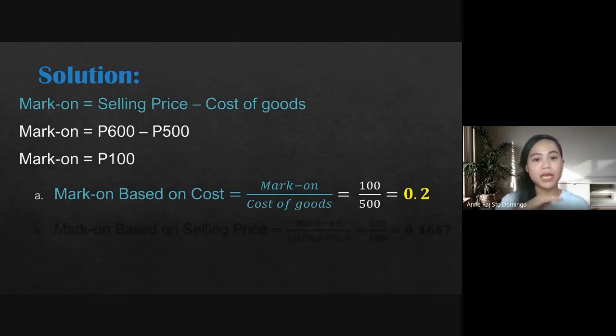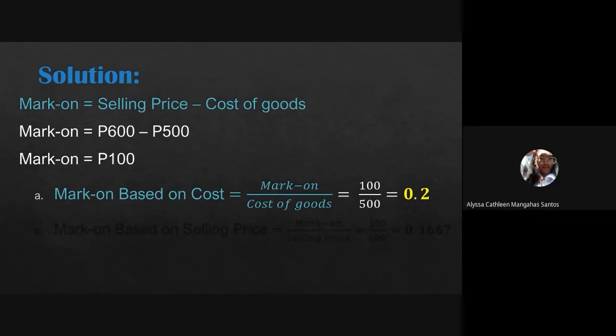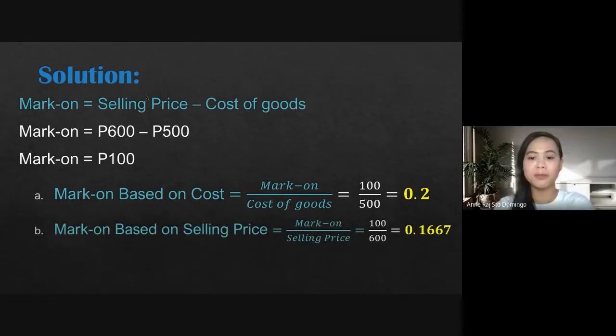Right, for mark-on based on cost, we divide it by cost of goods. Then for selling price, of course, we divide the mark-on by the selling price. Very good, Eliza.